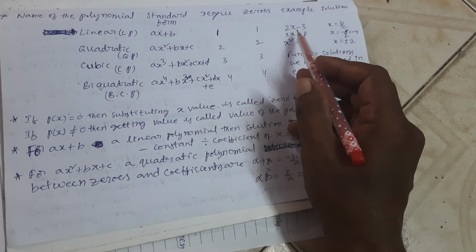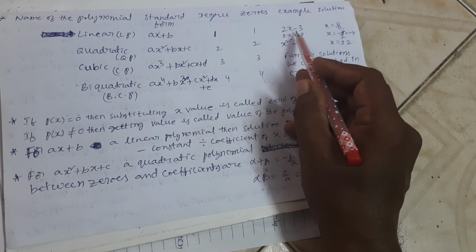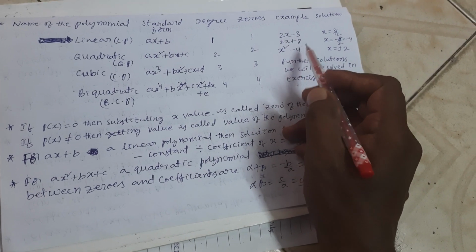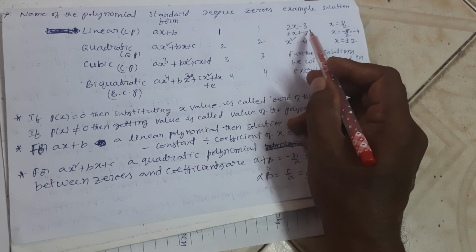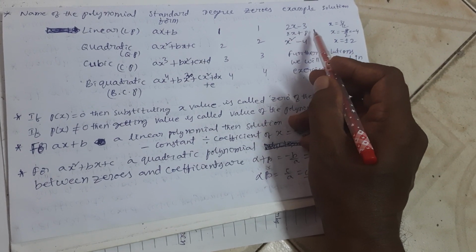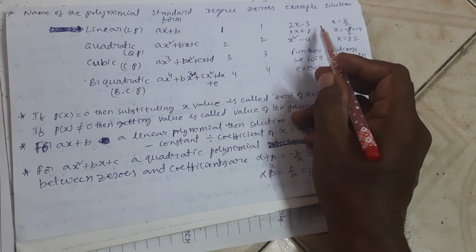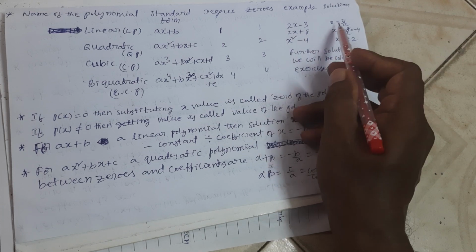We are taking one example: 2x minus 3. Setting 2x minus 3 equal to 0, we transfer and get 2x equal to 3, so x is equal to 3 by 2.